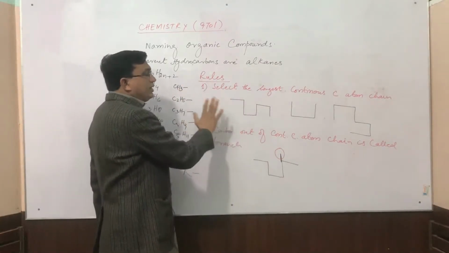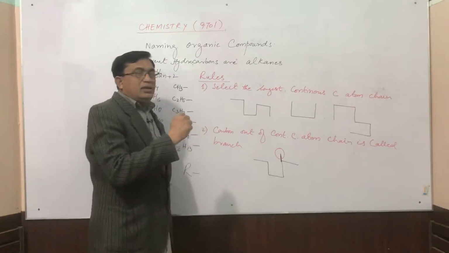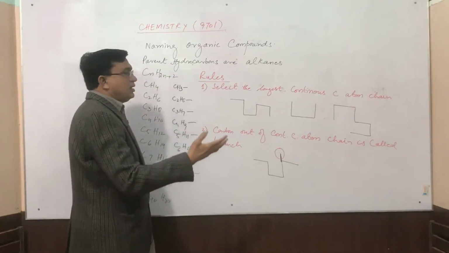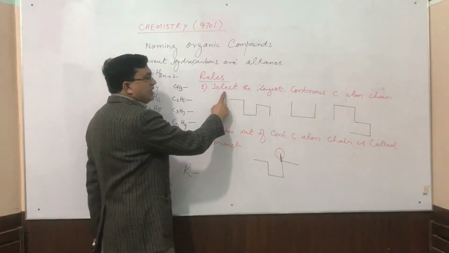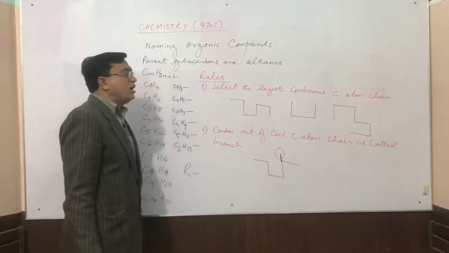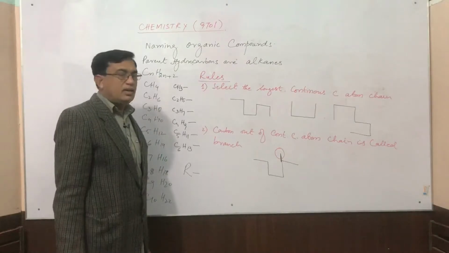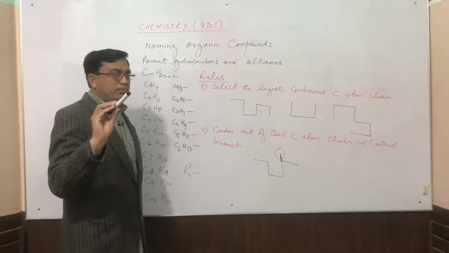Now, if we discuss the naming of hydrocarbons, there are certain rules. The first rule is to select the longest continuous carbon atom chain. How do we do this?